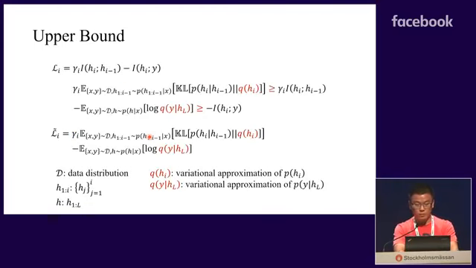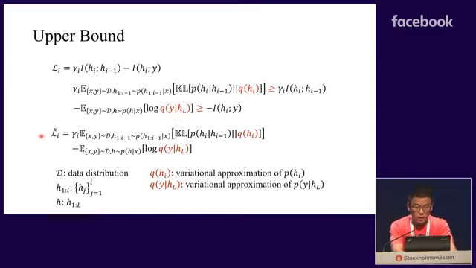So instead of optimizing the objective function, we minimize an upper bound of it. Here, this term is an upper bound of the scaled mutual information between Hi and Hi minus 1, and this term is an upper bound of the negative mutual information between Hi and Y. Here, Q(Hi) and Q(Y|HL) are two variational distributions, and these two upper bounds hold for any Q(Hi) and Q(Y|HL).